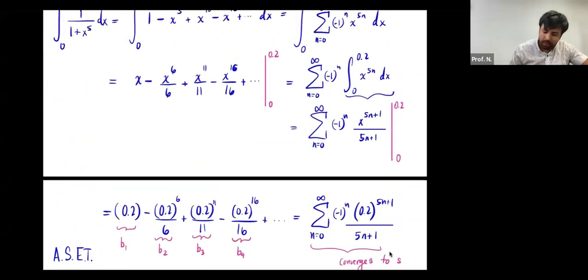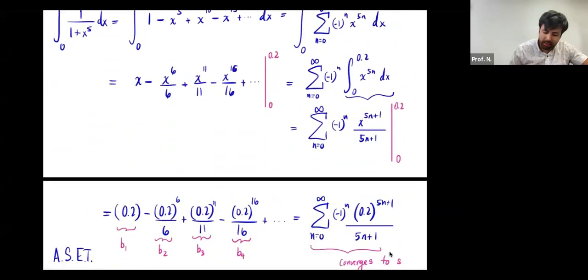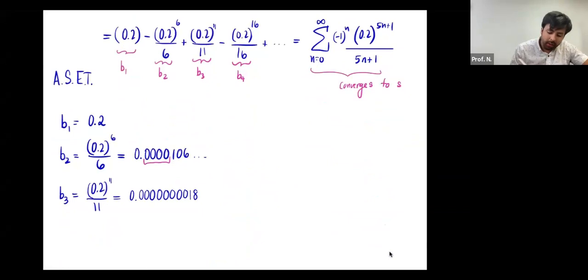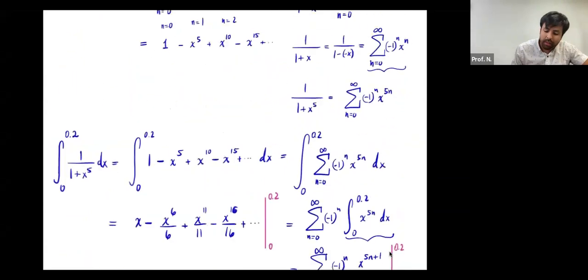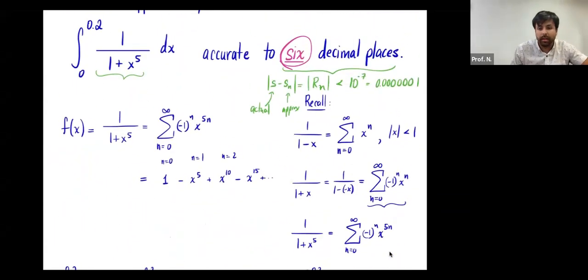And I want it to be rounded to the nearest 6 decimal places. If I stop at b2, only the first 4 decimal places will be accurate. If I stop at b3, the first 1, 2, 3, 8 decimal places will be accurate. And I want the first 6 decimal places to be accurate.